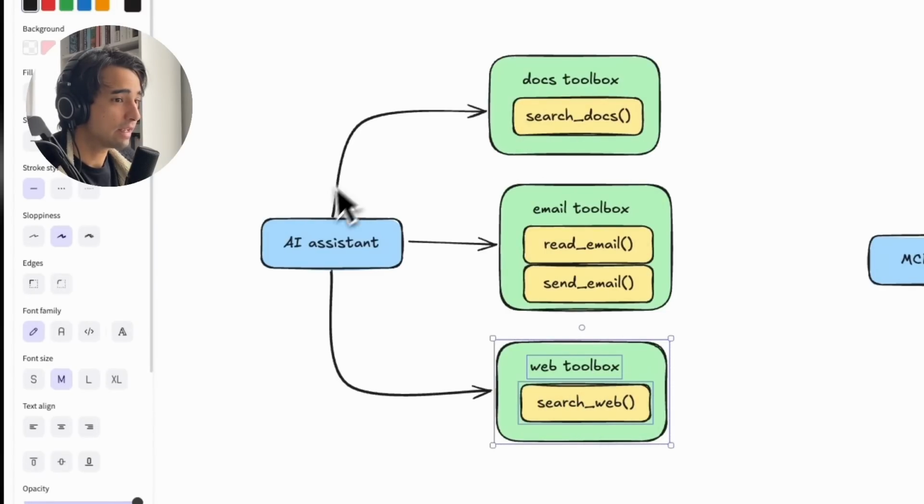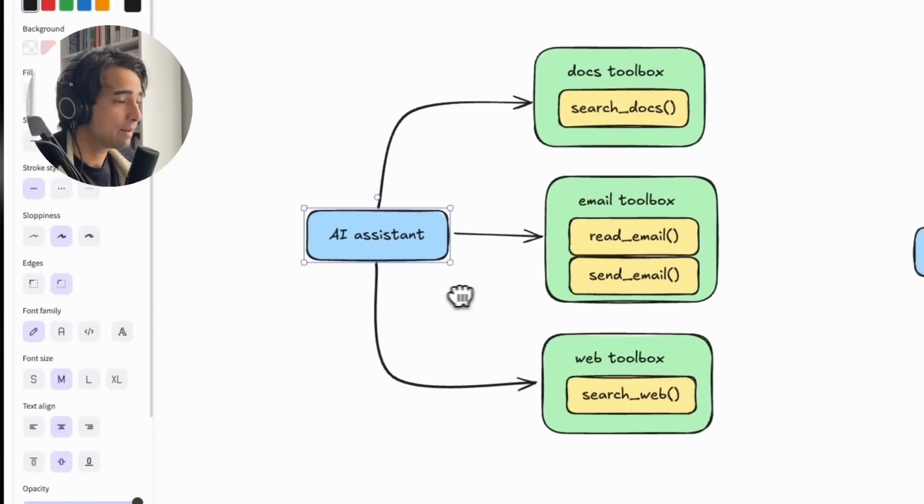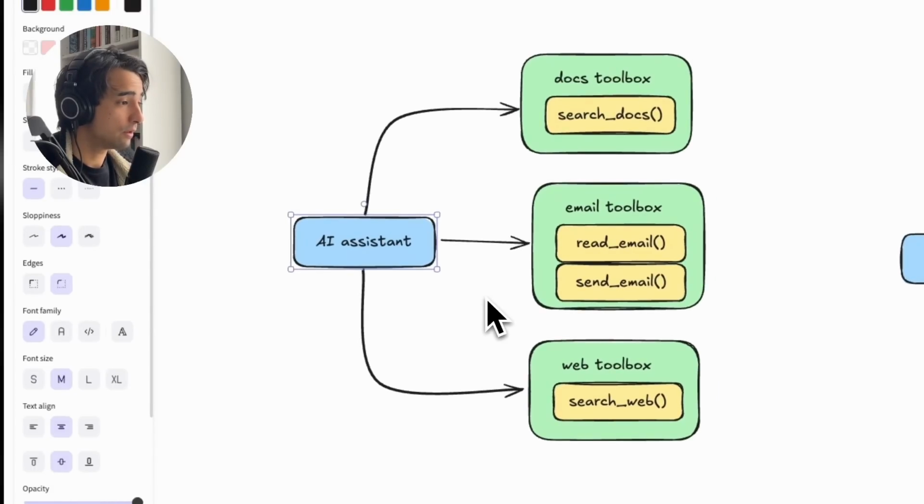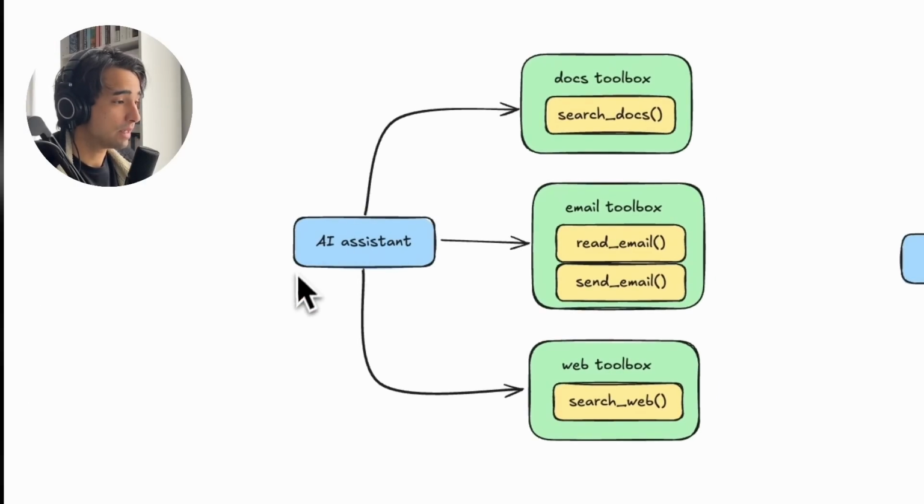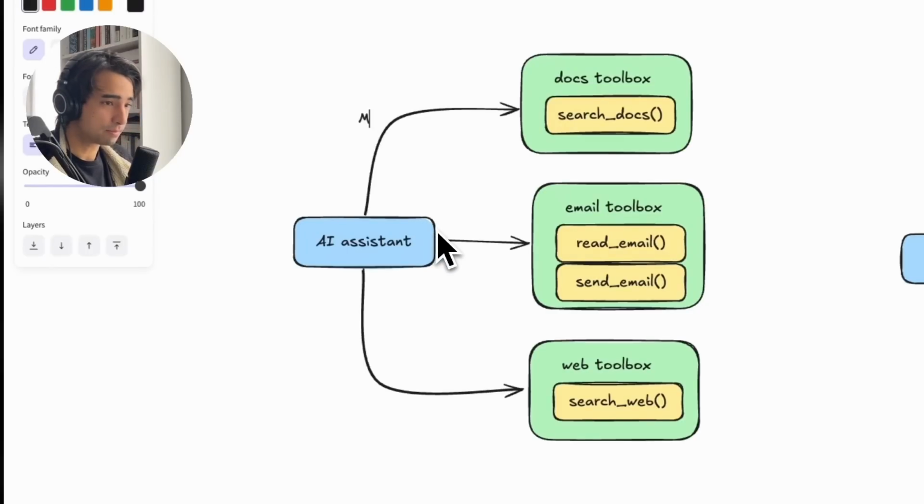And the idea right here is that this AI assistant can be pretty much any assistant that you want. So this one can be ChatGPT, Claude, or any assistant that you wrote if you make it compatible with the MCP protocol. And that's actually the revolutionary part, that all of this is possible because we have this MCP protocol right here.